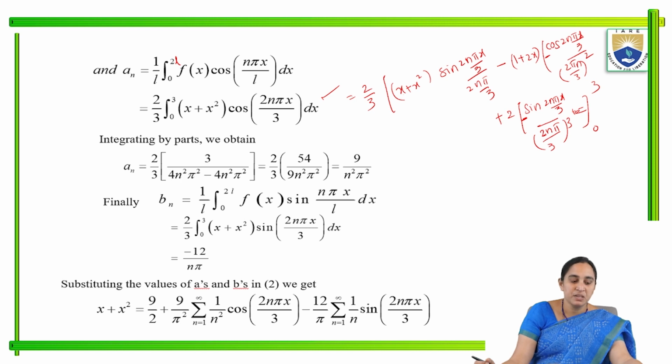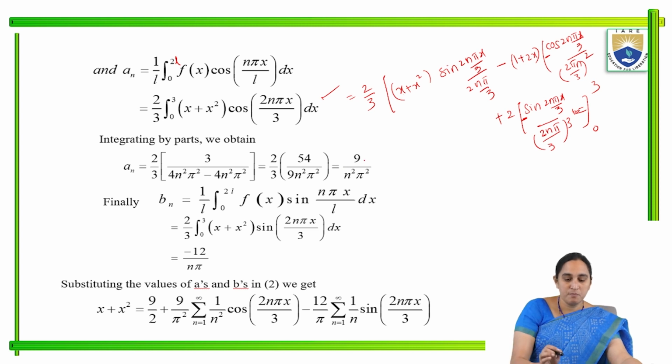Then an is equal to 2 by 3 into 3 by 4n square pi square minus 4n square pi square, that is 2 by 3 into 54 by 9n square pi square, which after cancelling is 9 by n square pi square.